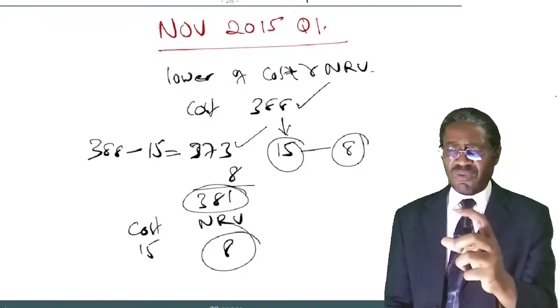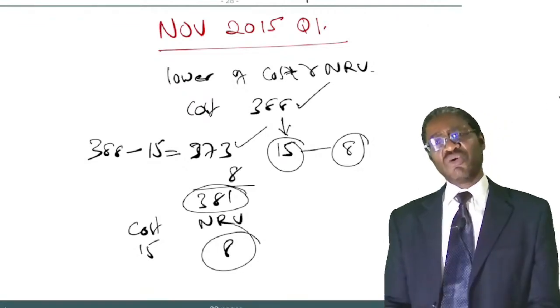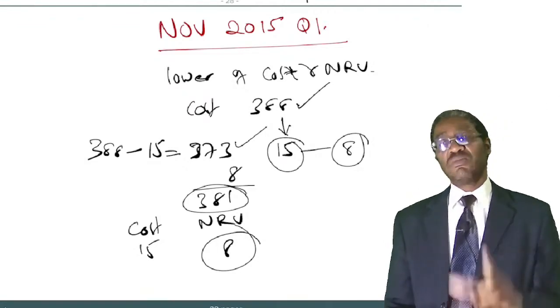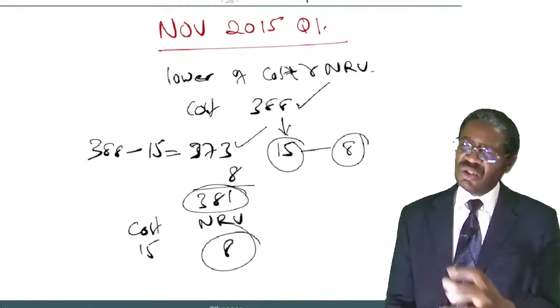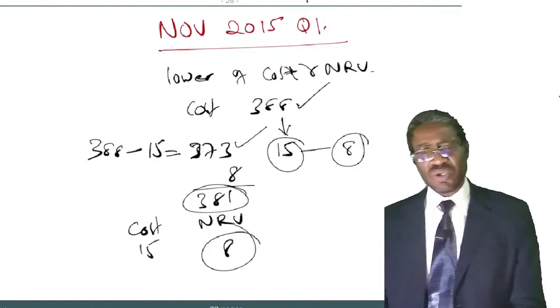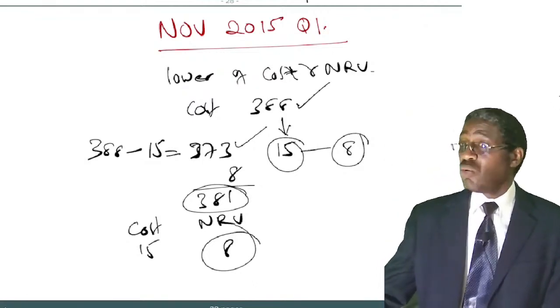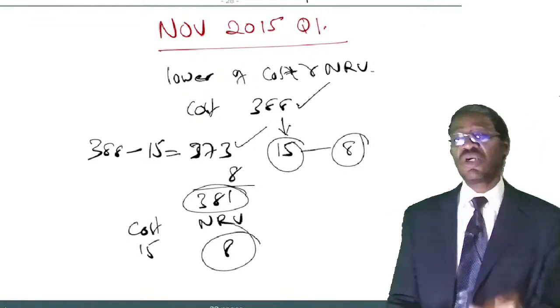So in your stock valuation, you will now be required to use a value of 381 million as your closing stock. Okay, so I've given you what the examiner was testing you on there for closing stock. What that note number 1 was testing was how to value closing stock.